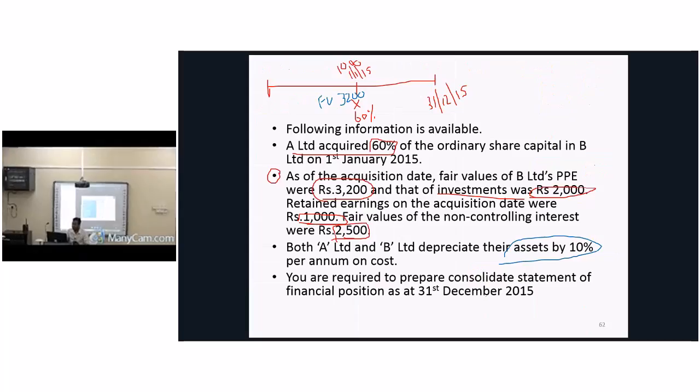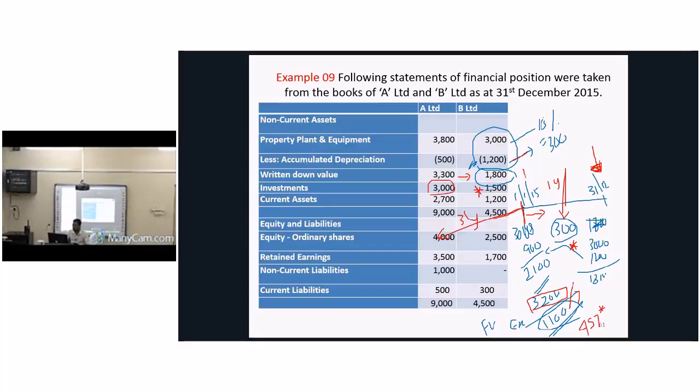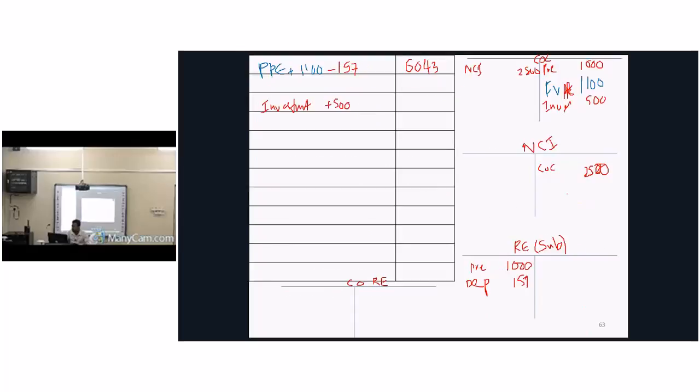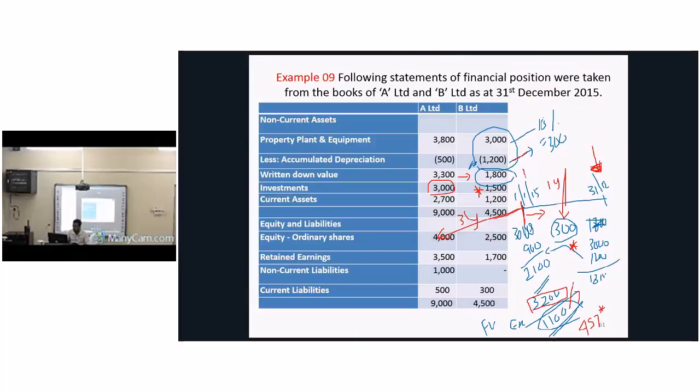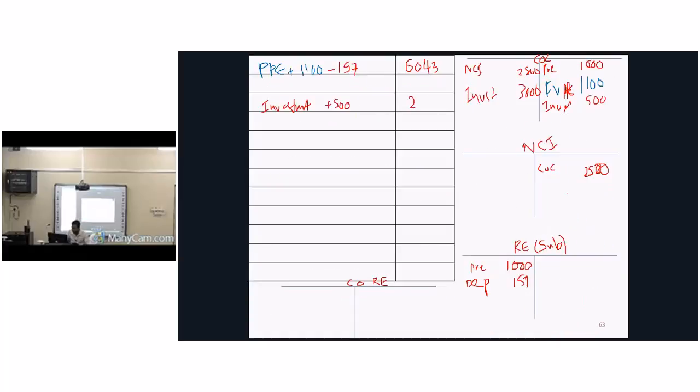Then the second line, about investments. This investment is the investment made in the subsidiary, therefore it should be taken as cost of control, 3000 investment, and the subsidiary's investment 1500, it will now be 2000, 1500 plus 500, 2000.